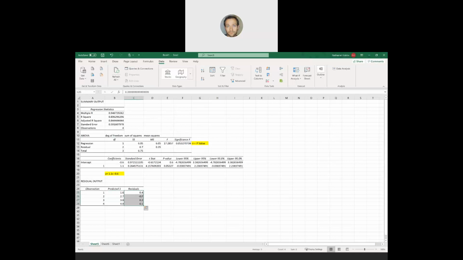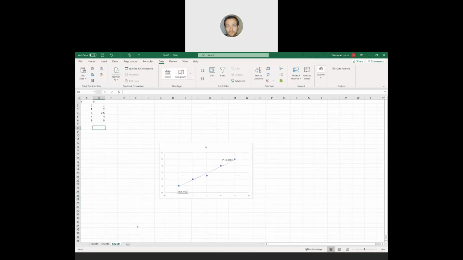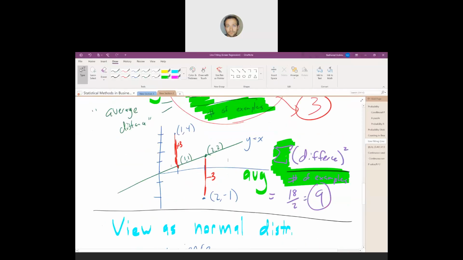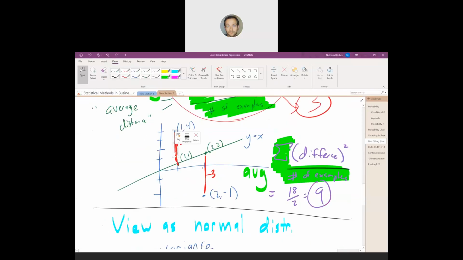If you take each of these and you square them and add them up, then you should get this number. This is for each of these points, these lines here. So this is called a residual. A residual just means an error.